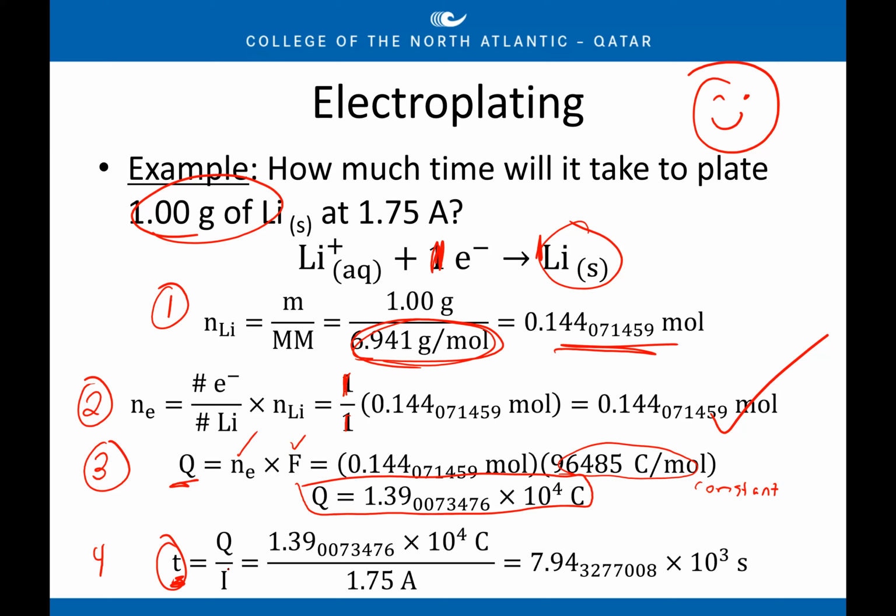So take that Q and divide it by your amps. Amps were, remember, back in the beginning of the question. So I would take my Q, 1.39 times 10 to the 4 coulombs, and divide it by my amps. And I would end up getting 7.94 times 10 to the 3 seconds, or what your calculators will probably say is 7940 seconds, which is how I would probably write this down if I was going to be normal.